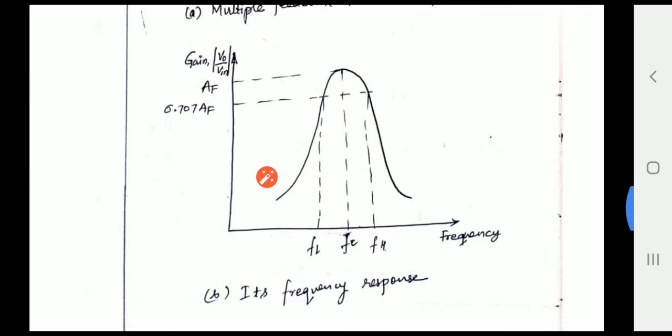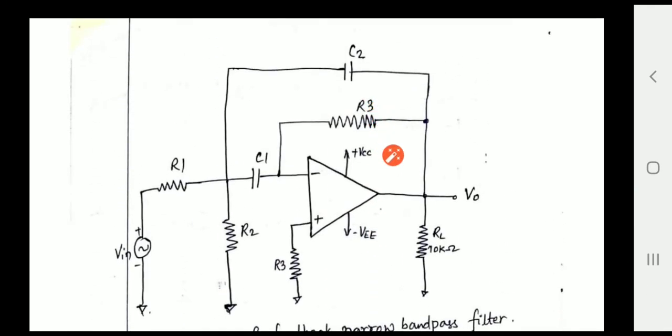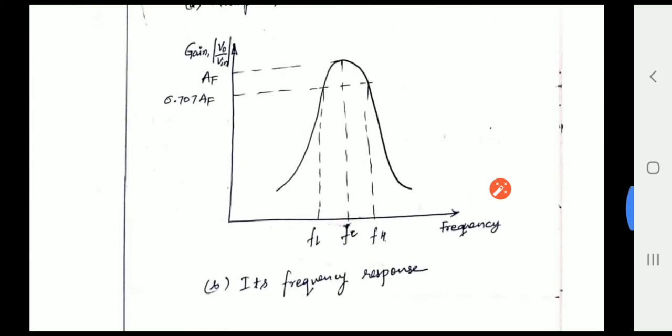Similarly, once FL is reached from the input signal, it allows the frequency components from this point up to this point. Until the input frequency reaches FH, the output voltage of this circuit reduces to 0 at a rate of 20 dB per decade. Here FC is the center frequency.